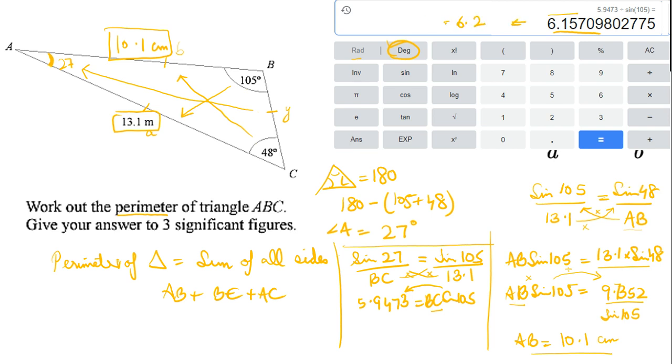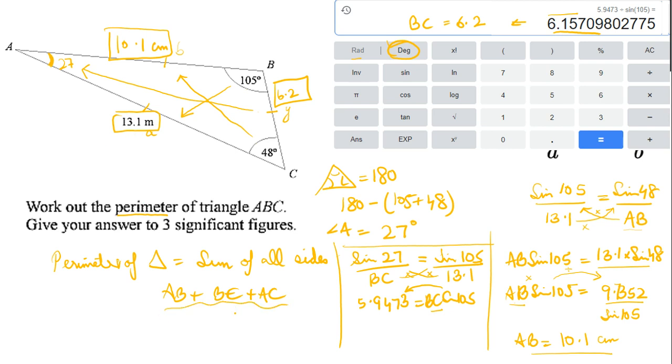So 6.2 becomes my length BC, which means this length that I called y is now 6.2. Now I have all three lengths: one is 10.1, the other is 6.2, and another one is 13.1.